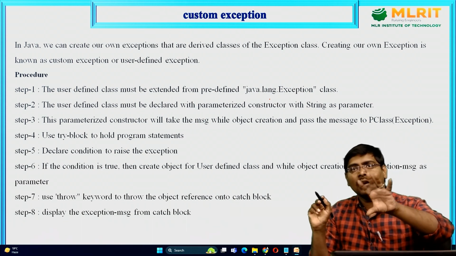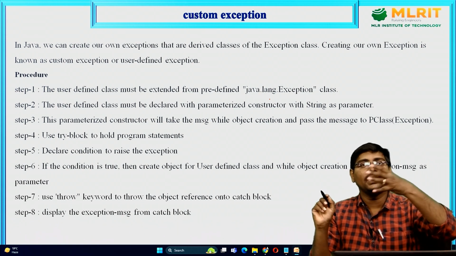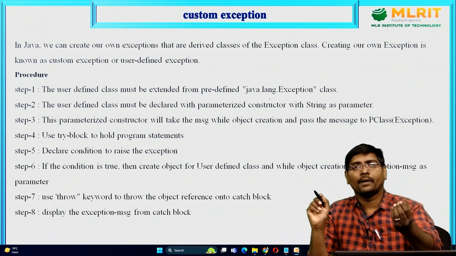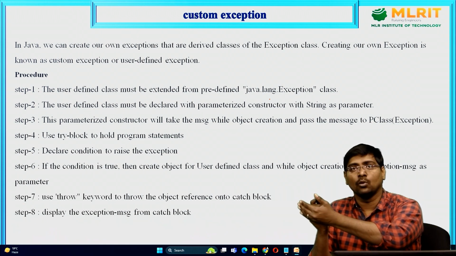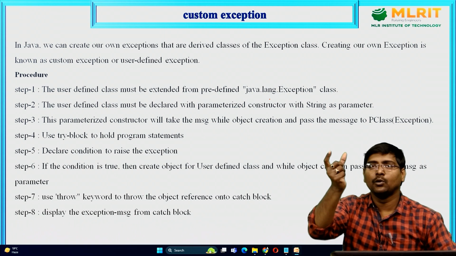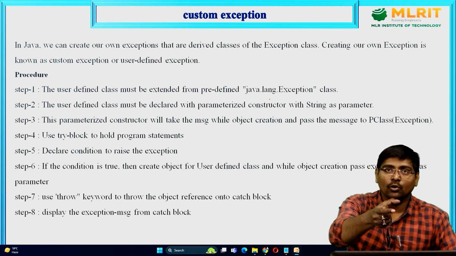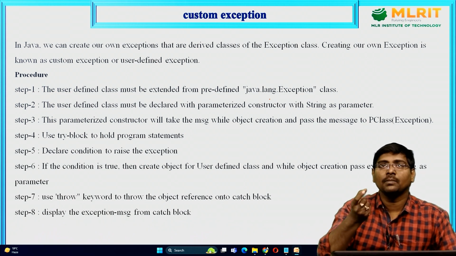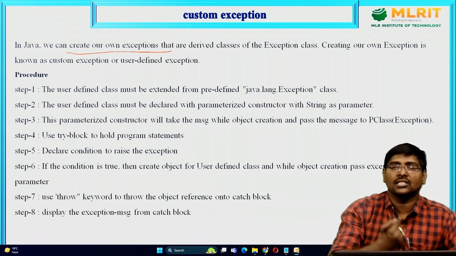That is not covered by any predefined exception. I need to set a condition: persons whose age is less than 18 are not eligible. Immediately I need to raise some exception. You got it? So we are moving to custom exceptions, meaning creating our own exceptions.